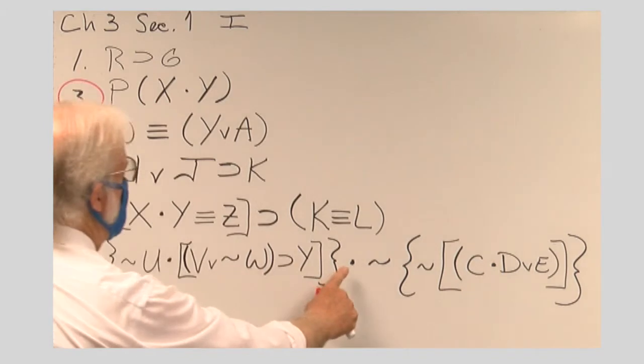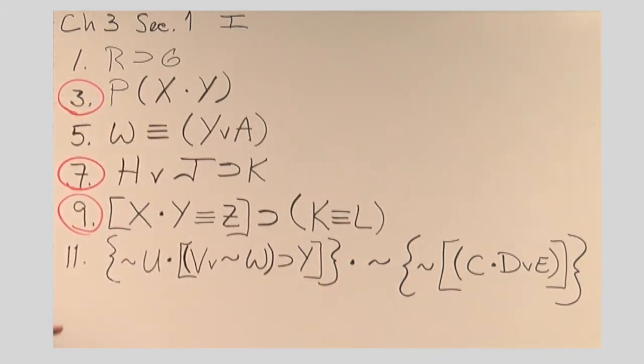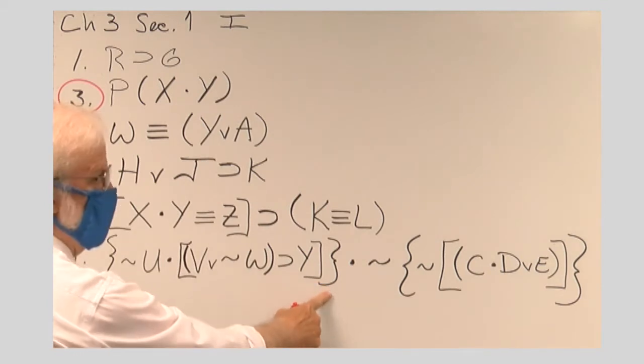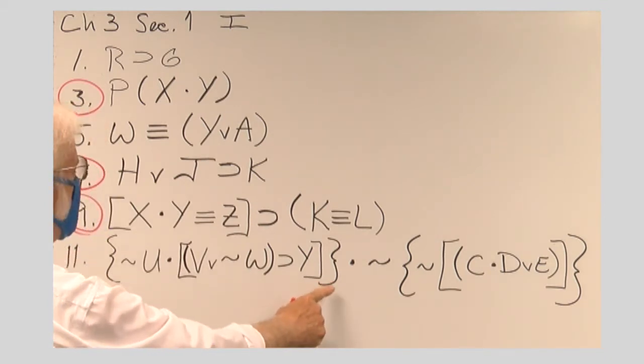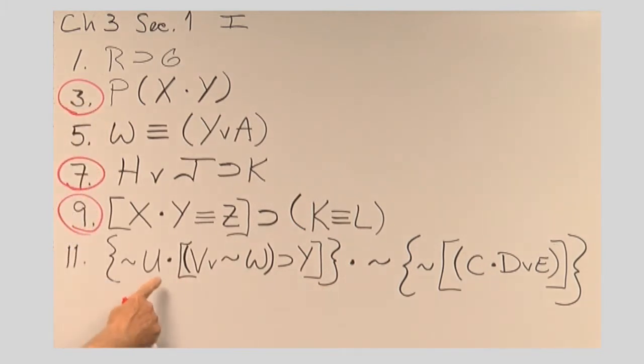Well, it's got one main connective, the dot. On the left side, or the left conjunct, we've got an open and closed brace, like we should. Inside of the braces, there's one governing connective, the dot, that connects the left conjunct, not U, to the right conjunct, which is a bracketed expression.